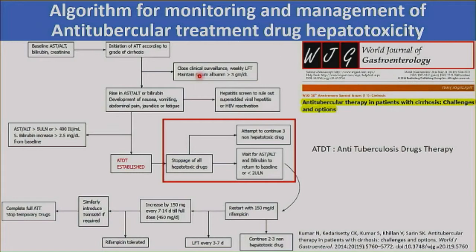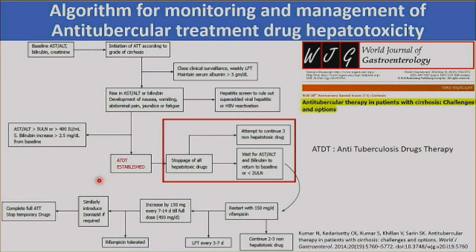This is the algorithm if we use the drugs. First, of course, we have to have the baseline AST and ALT, and we have to carefully determine whether the patient already has chronic liver disease before they use the anti-tuberculosis drugs. And then we have to monitor the liver function test, and we see the ALT, AST, bilirubin, and the condition related to the drugs.